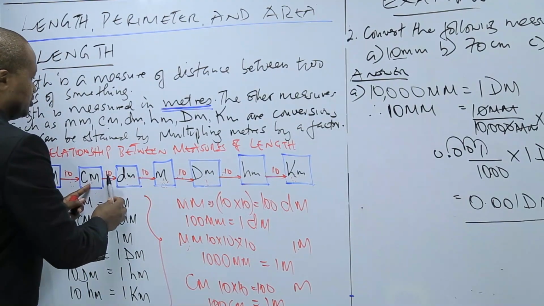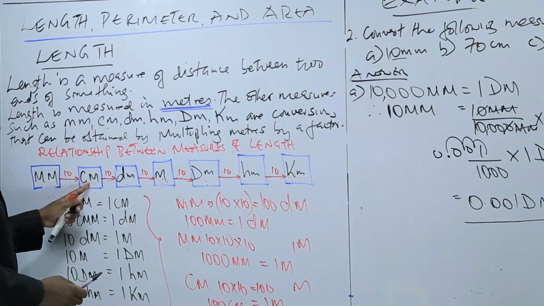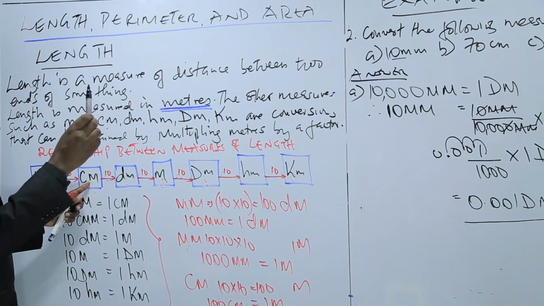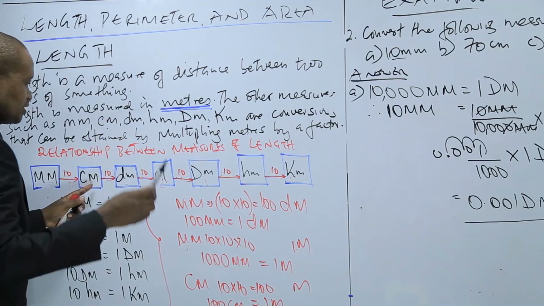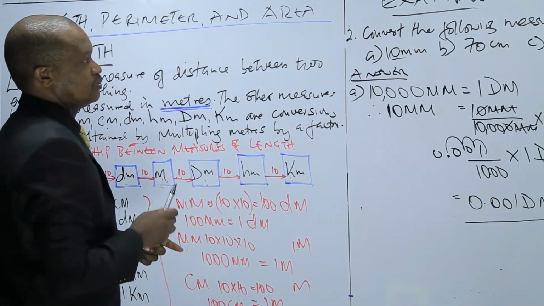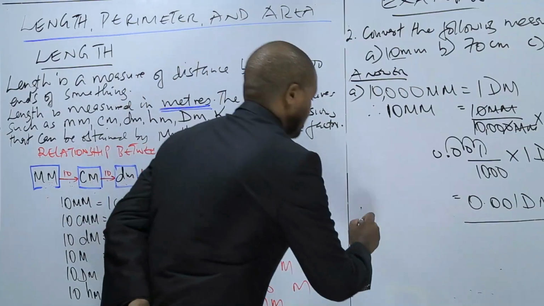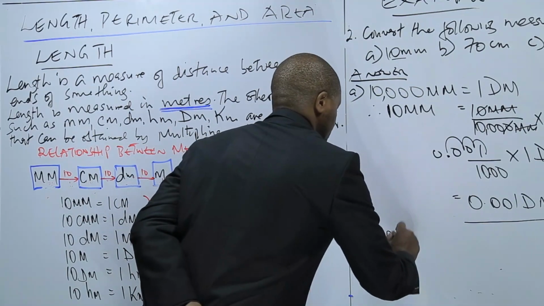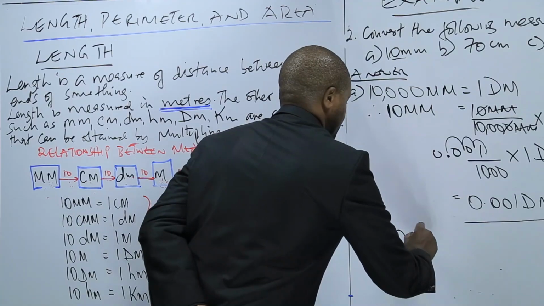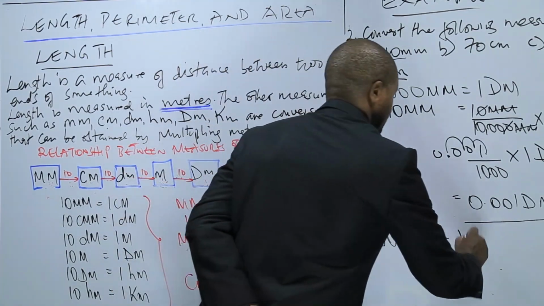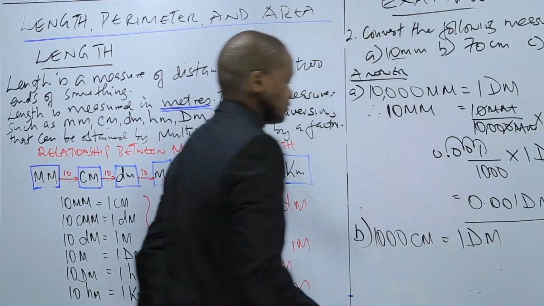And these are 1, 2, 3 tens, which will give us 1,000 centimeters equal to 1 decameter. So 1,000 centimeters make 1 decameter.